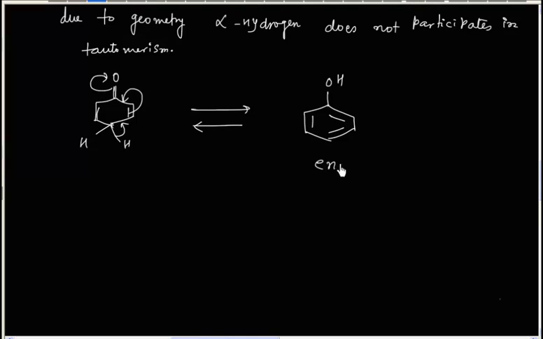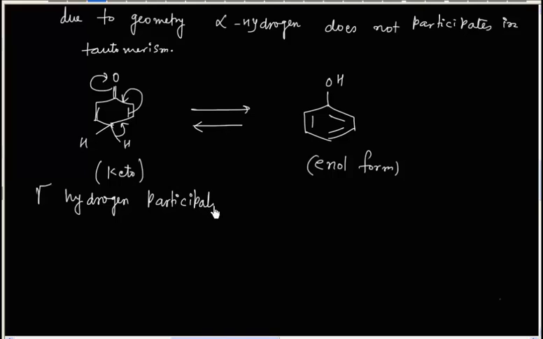So this is the enol form and this is keto form. So this time gamma hydrogen participates in tautomerism.